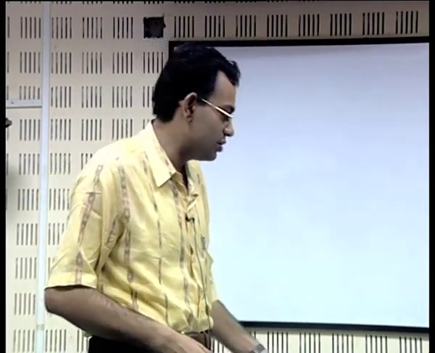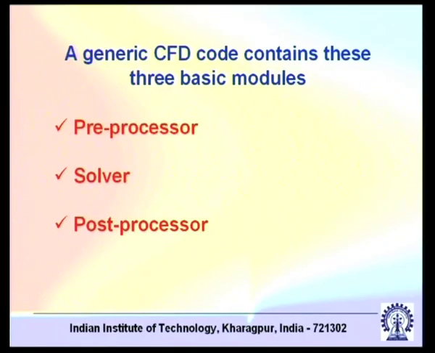Now because of obvious restrictions, we will not be considering any particular commercial code in this particular lecture for illustrating that, but we will consider a generic approach that can be used for any sort of CFD code and to go ahead with solving a problem. So let us try to go through this presentation and let us see what a generic CFD code contains.